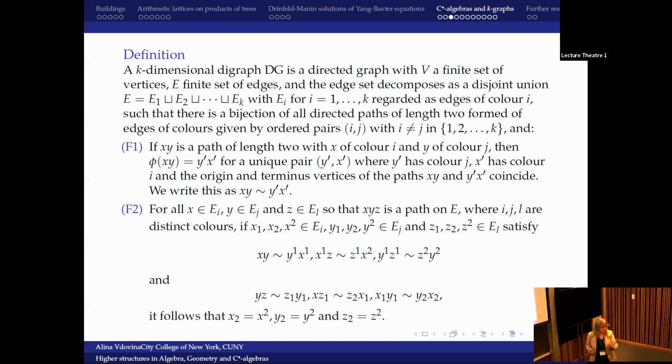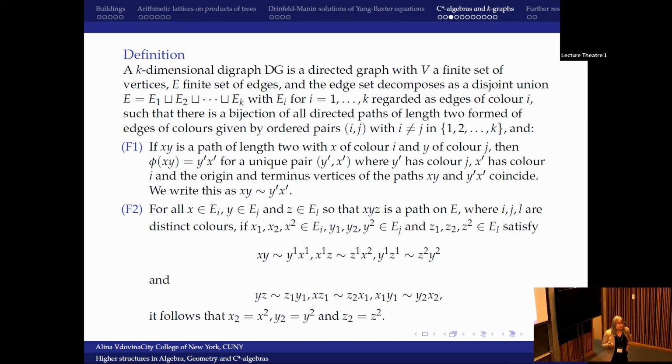We stick to the finite case for the moment. Of course, it can be generalized, but let's stick to the finite data. Now, of course, the K-rank graph is not finite, but we capture this information, and this is equivalent to having a K graph. So we have a directed graph with a finite set of vertices, a finite set of edges, and a disjoint union of the edges.